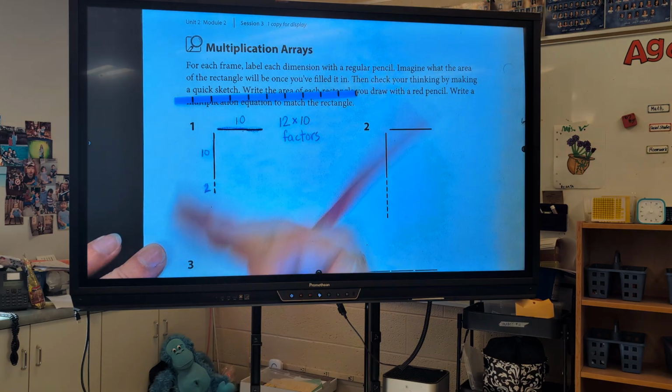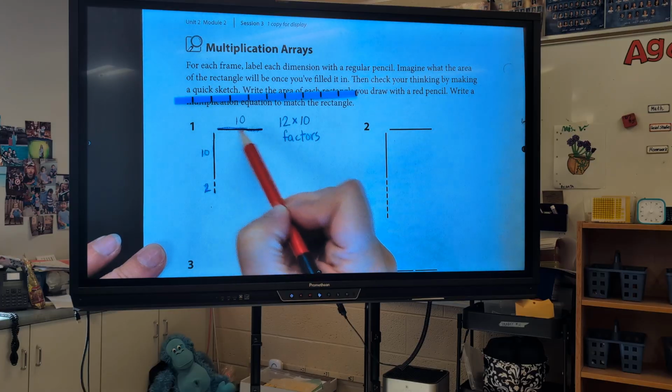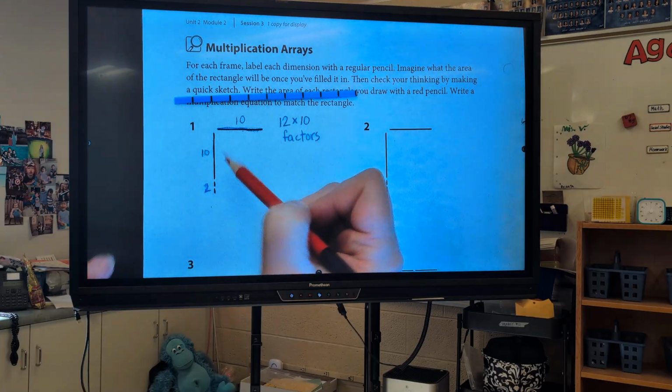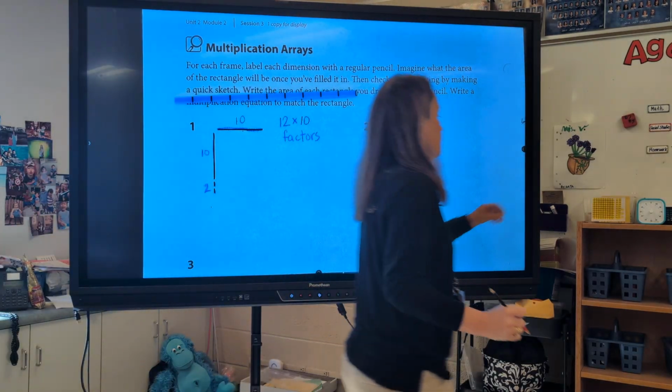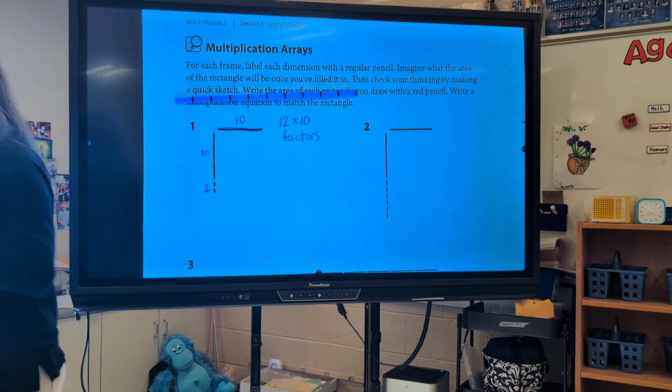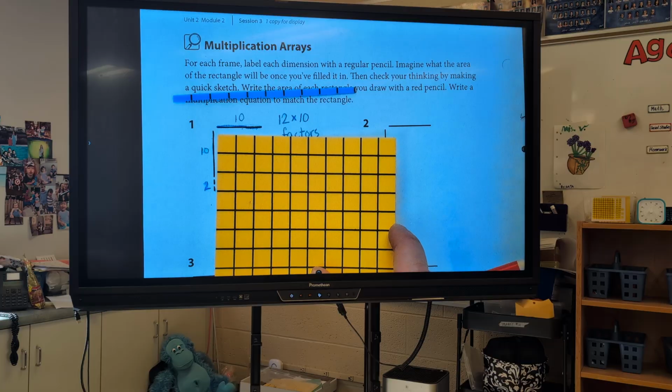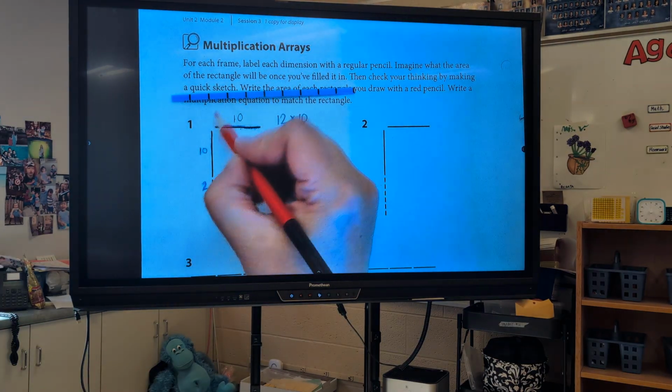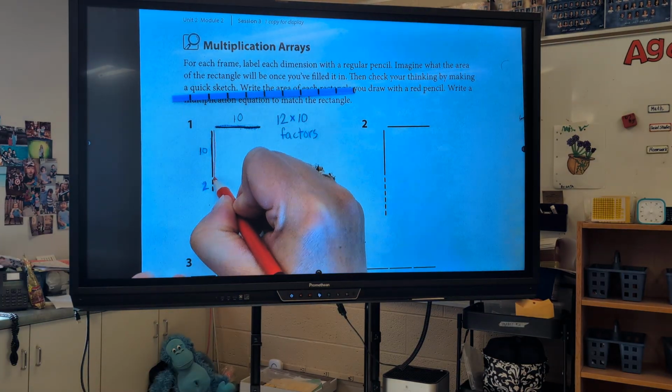of the problem. The amount on the inside, since we have a 10 by 10 dimension here, we're actually using a mat to fill in how many squares would fit inside.